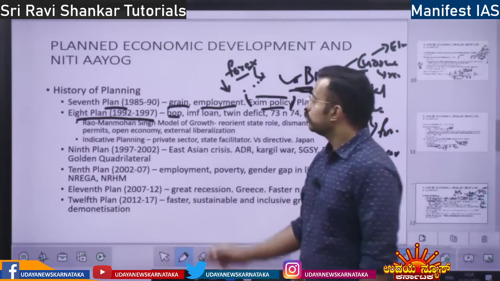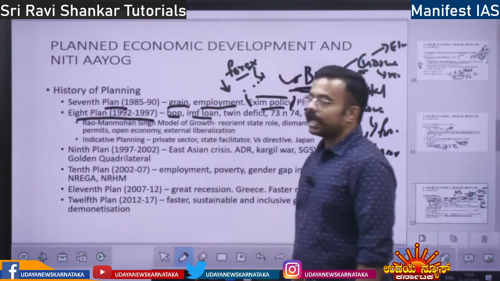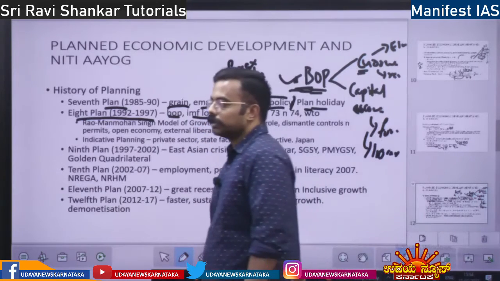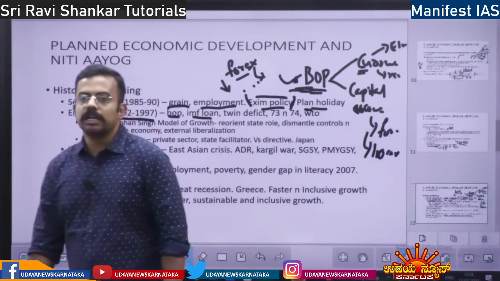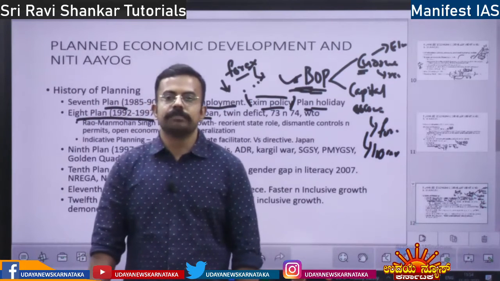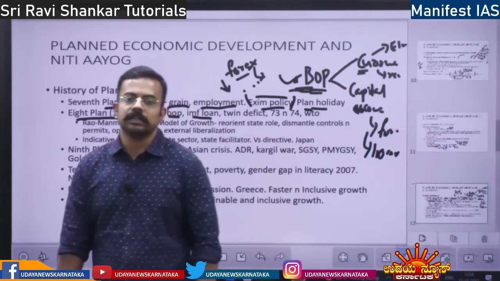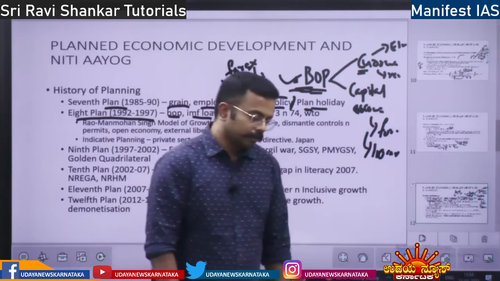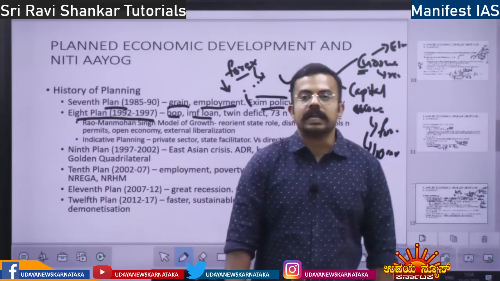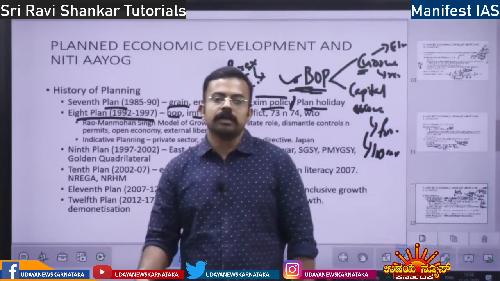And also we take a loan from the IMF. India would have taken a lot of loans, right, from all around, the World Bank, and also internally from the private sector.